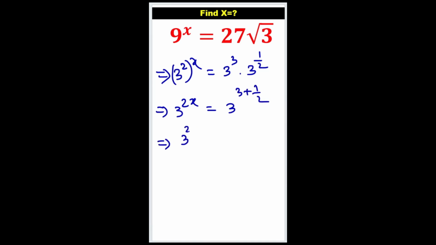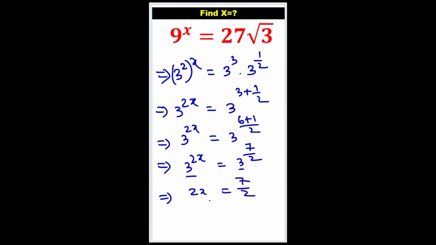So here is 3 to the power 2x, and here is 3 to the power 6 plus 1 divided by 2. So 3 to the power 2x equals 3 to the power 7 divided by 2. So base equal, it means 3 and 3, so we can write 2x equals 7 divided by 2. So x equals 7 divided by 2 into 2, it means 4.